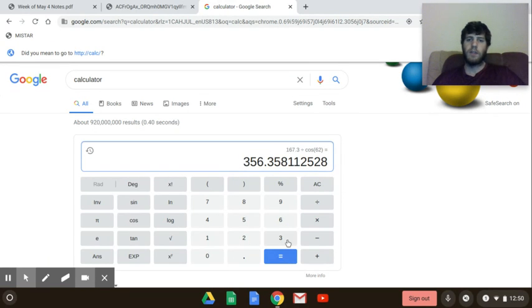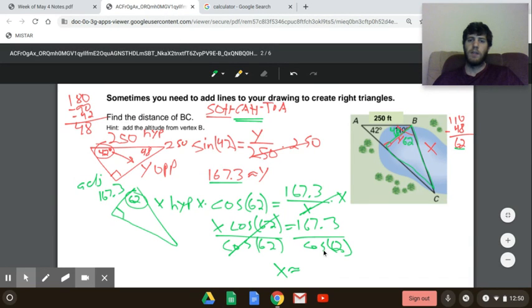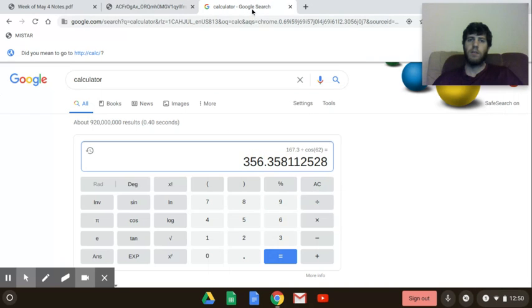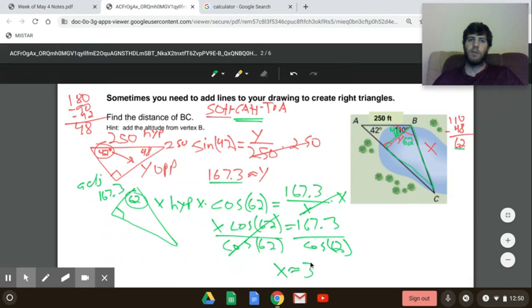Hit enter and it's going to tell us 356.4. So it's approximately 356.4 feet. That's the approximate length here of BC.